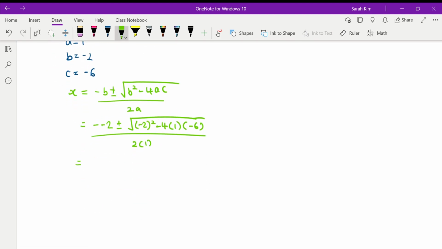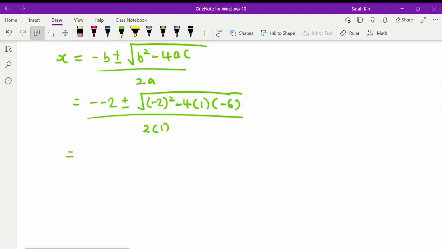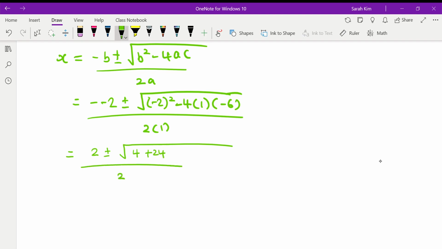You can put it in your calculator, however, if you're given this in the non-calculator section, you probably should know how to do it. So minus 2 turns into a positive 2. Minus 2 squared in brackets turns into a positive 4. And then minus 4 times 1 times minus 6 is plus 24, divided by 2. So I get 2 plus or minus the square root of 28, divided by 2.